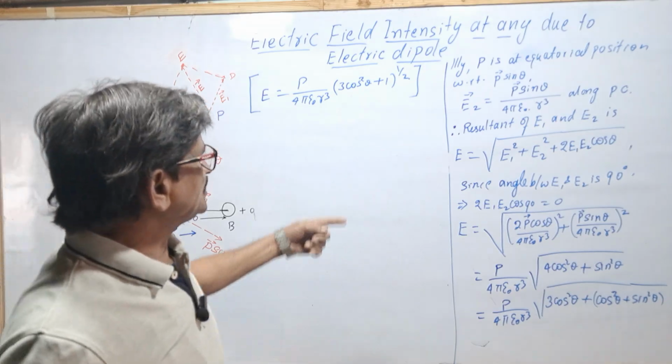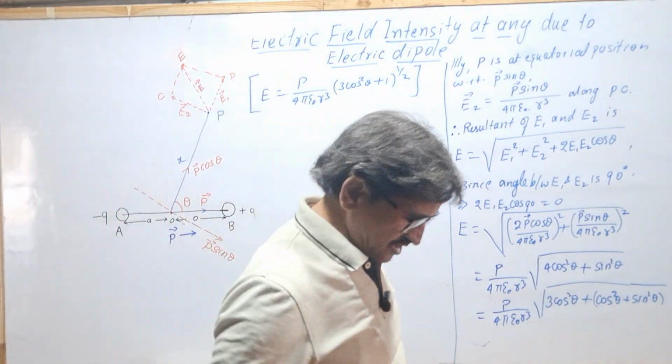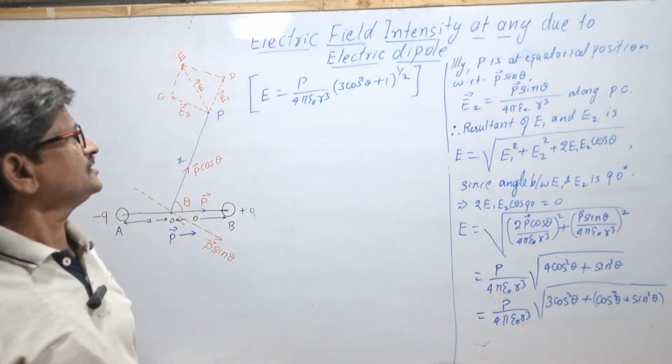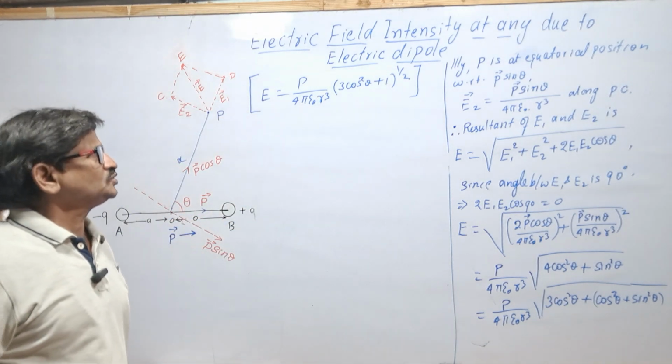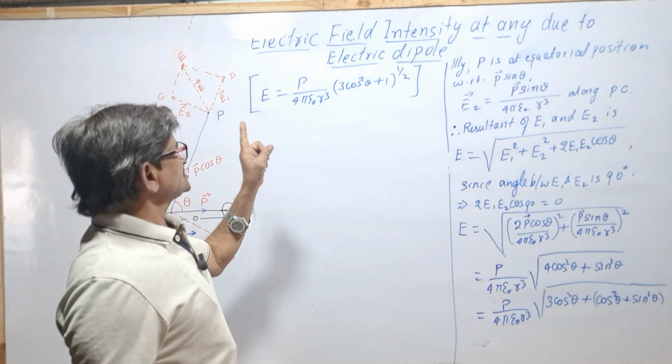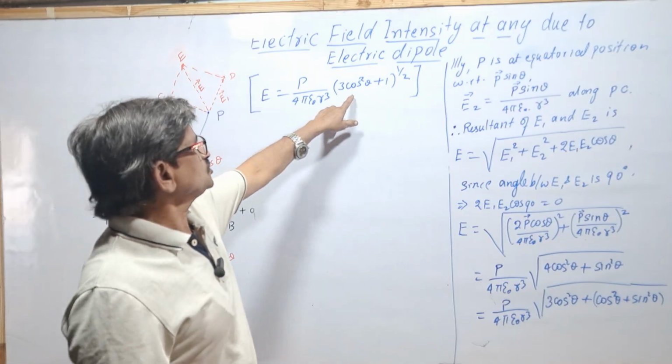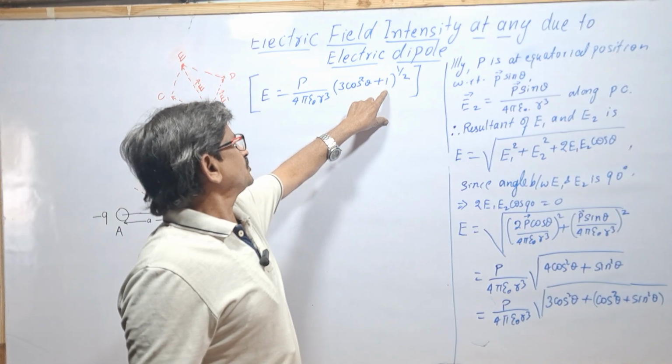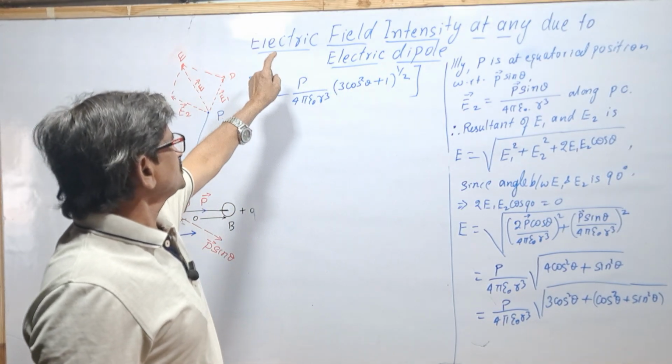Now consider some cases. When theta equals 0 degrees, this bracket becomes 4, and the square root of 4 is 2.